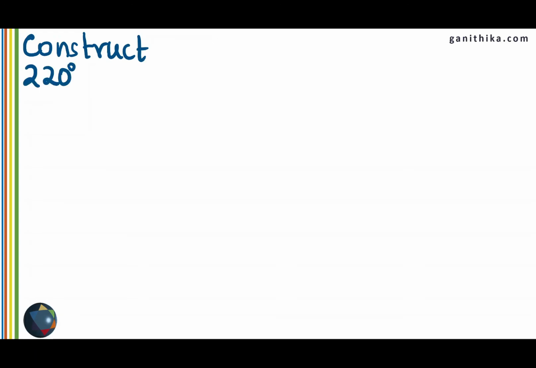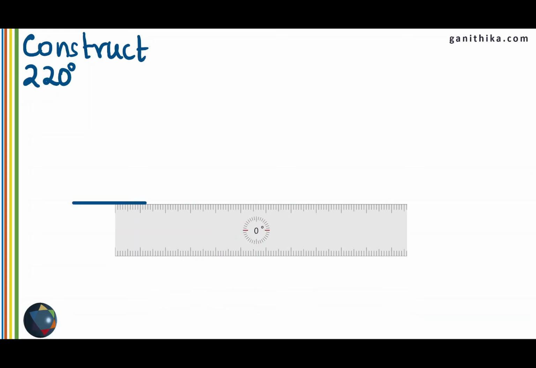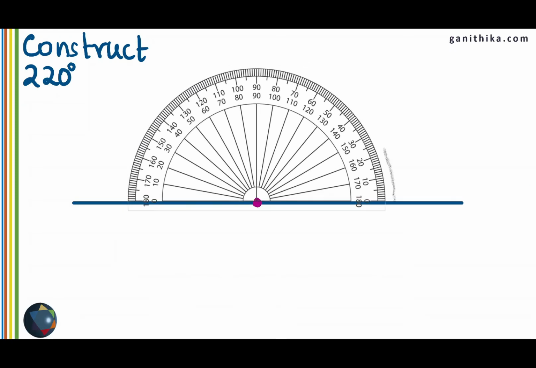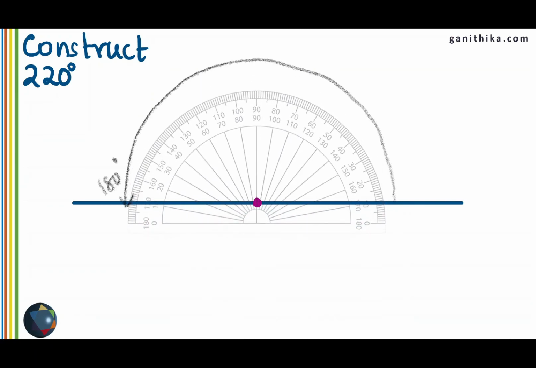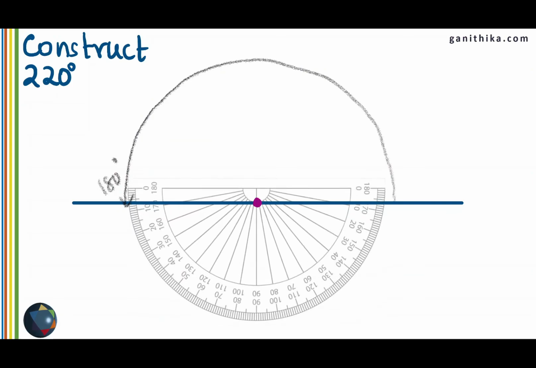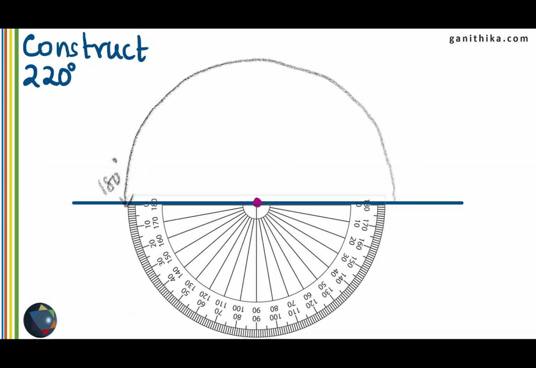Let's now construct 220 degrees. 220 degrees is more than 180 degrees. Therefore, we will first draw 180 degrees as we just did before. This is 180 degrees. Now we need a little more than 180 degrees to reach 220 degrees. Therefore, keep the protractor on the other side of the line.